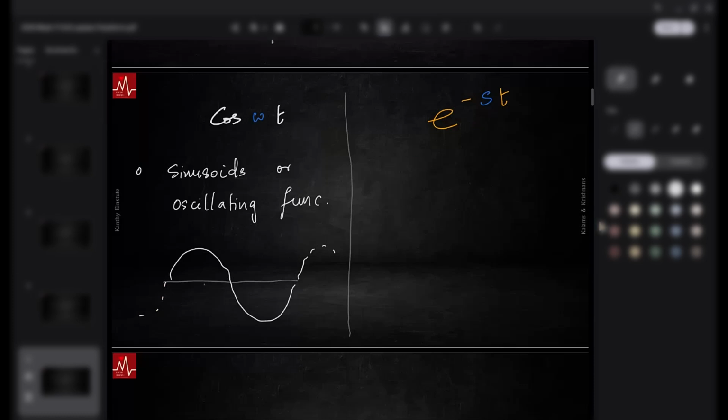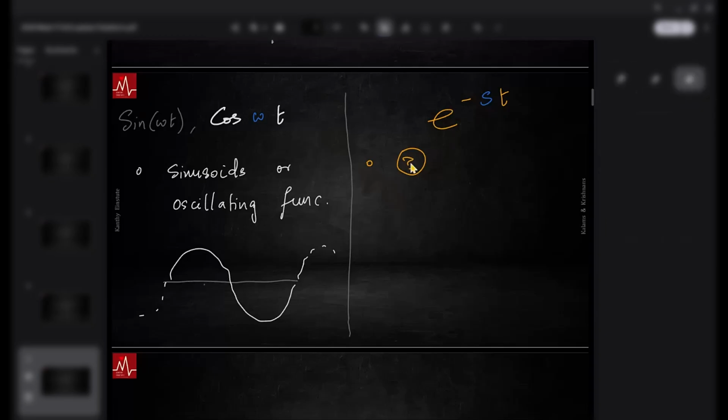How about this? Cos omega t is even, and there is also sin omega t in Fourier series. I was trying to compare and contrast. So cos omega t is even, but these functions are oscillating. So what kind of a function is e power minus st? For that we need to know what s is. Omega is real here, omega is frequency.